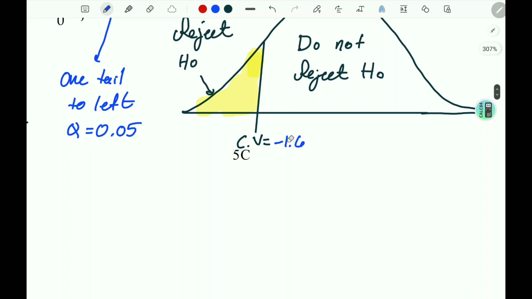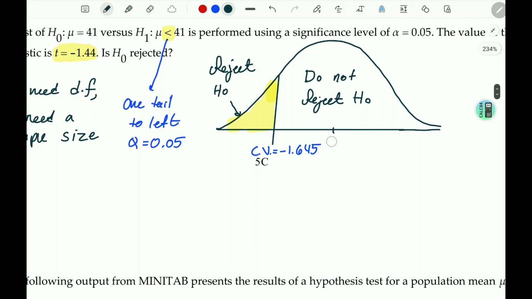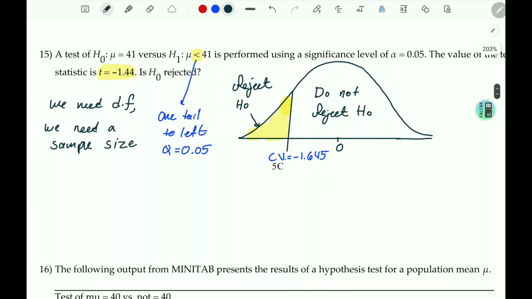Let's reposition this actually. Put the 0 here in the middle. Our test value is negative 1.44.